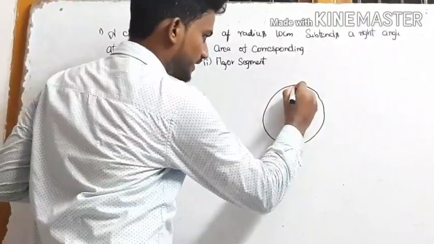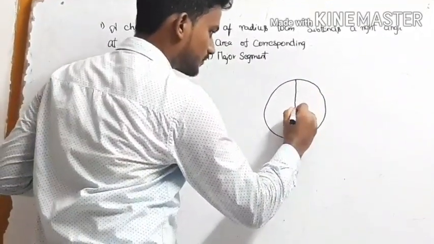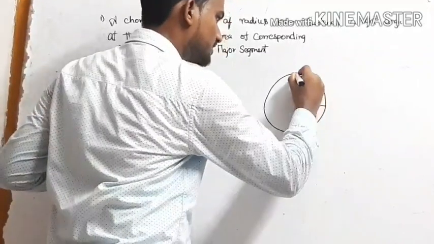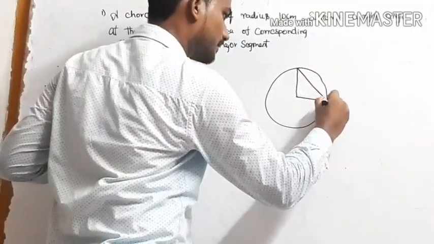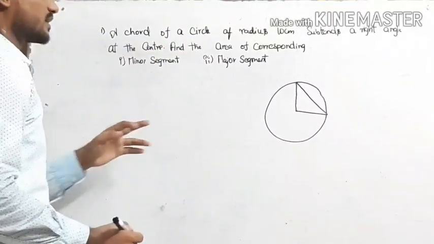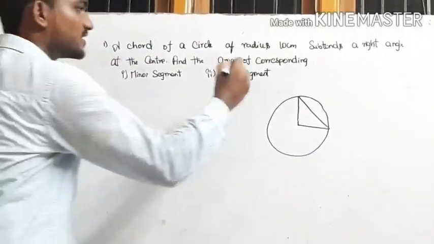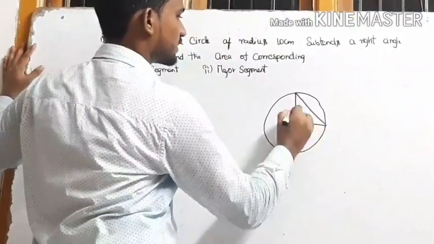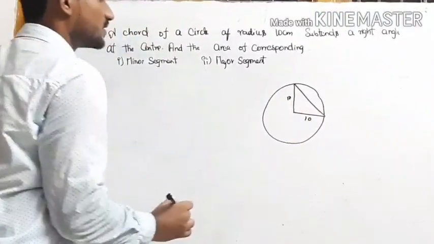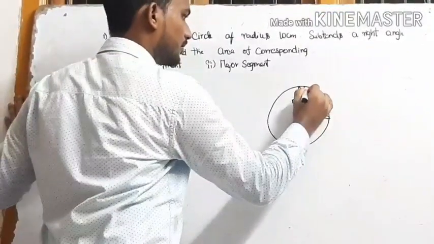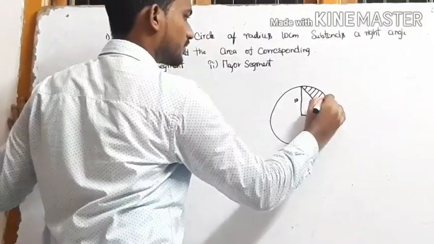It is the right angle. It is the chord. You can construct it like this, and the radius of the circle is 10 centimeters, and this is the minor segment.